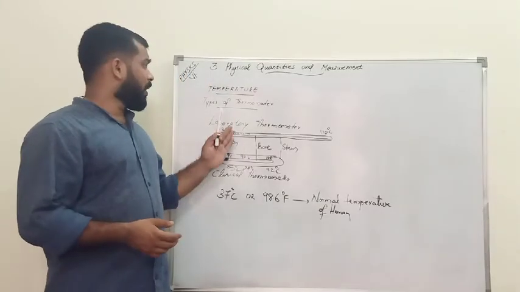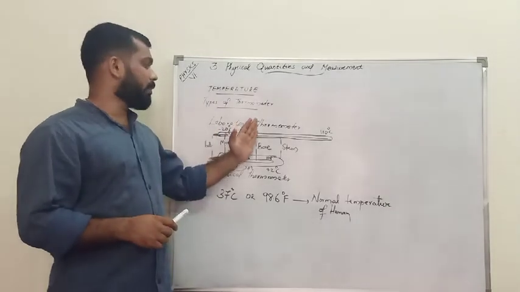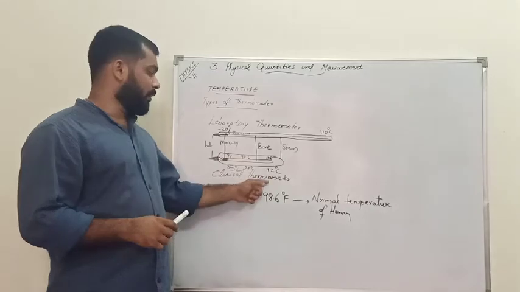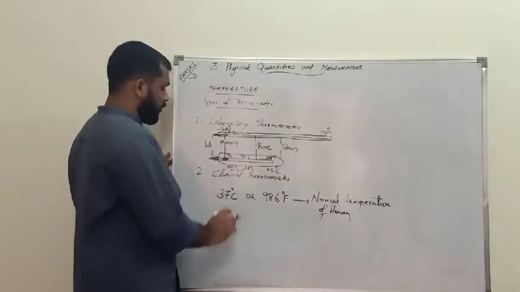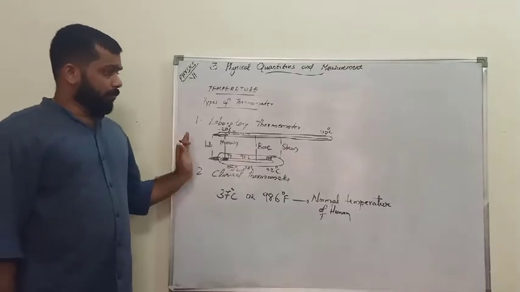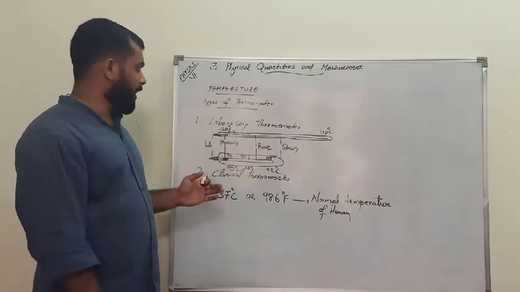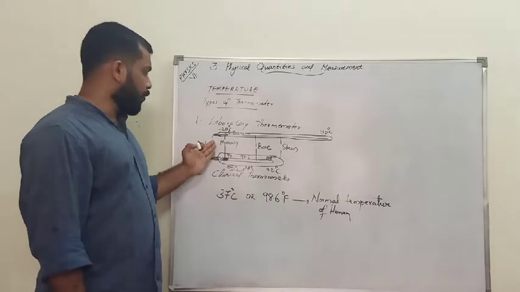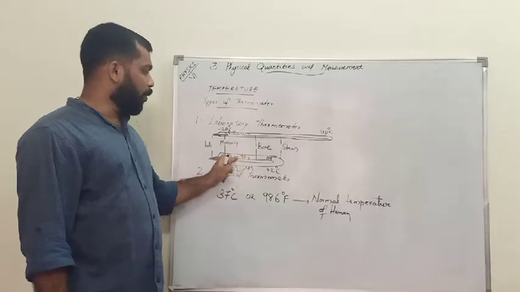So there are two types of thermometers. The first one is the laboratory thermometer and the second one is the clinical thermometer. Already I have said the general parts of a thermometer. The lower, bottom part is called the bulb, and from the bulb runs the bore.